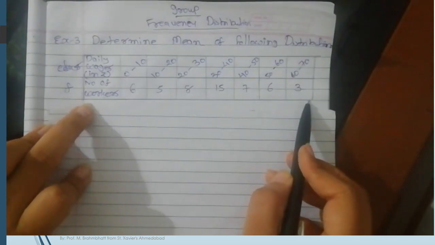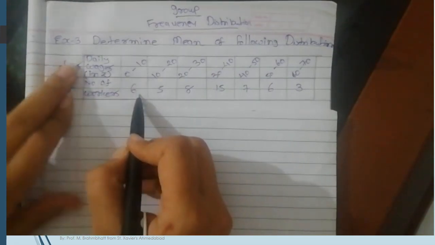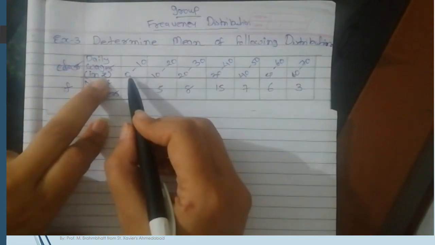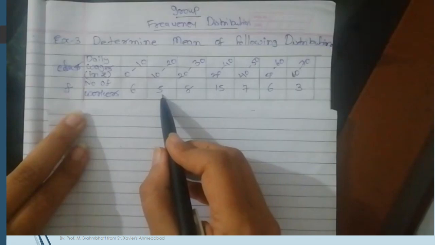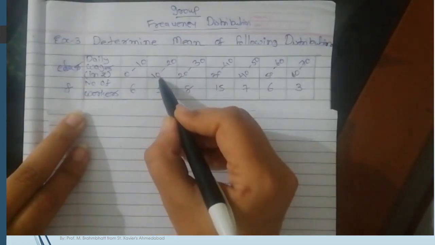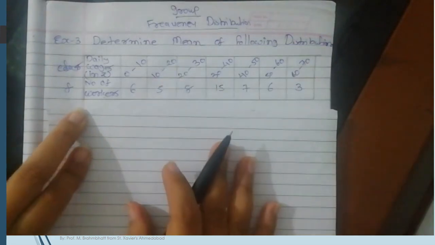According to this question, 6 workers have daily wages within 0 to 10, and in the same way, 5 workers have daily wages within 10 to 20.